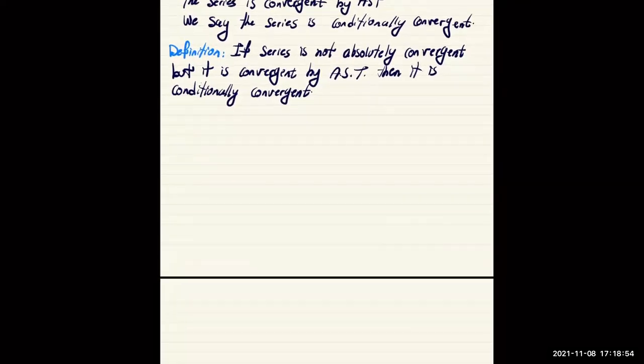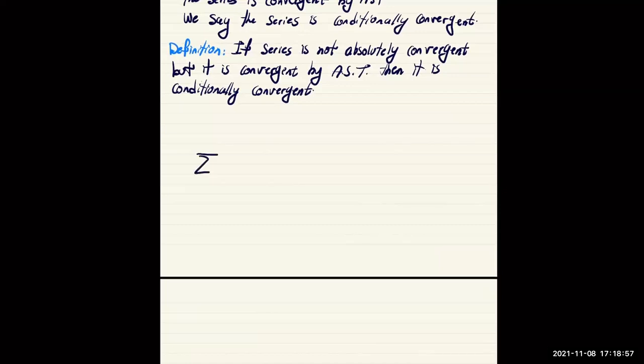So let's say we have a series, call it U sub n, the summation of U sub n. So what you do is check for absolute convergence by looking at the sum of the absolute value of the terms.